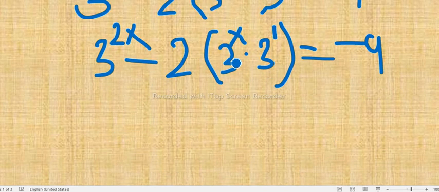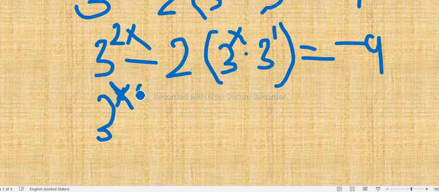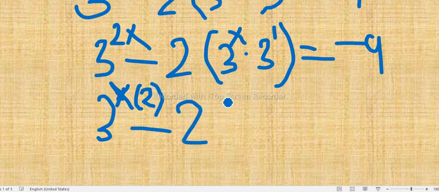Now here we have 3 power x, and also here we have 3 power x, from the exponent rule. Then multiply by 2, then minus 2 brackets 3.